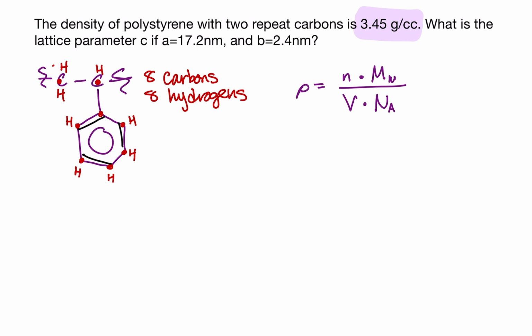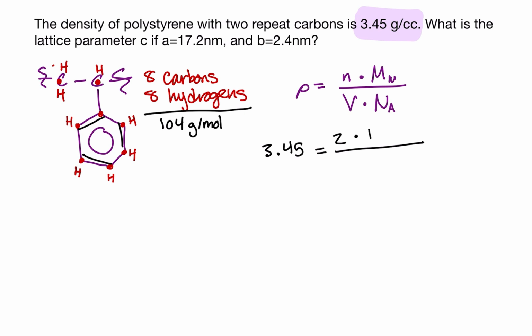To start off, we can just plug in what we know and what we're solving for. So we can start off by plugging in our 3.45 as our density equals N. In this case, our N is 2 times our molecular weight, which is this added up. If you add this up, you're going to get 104 grams per mole.